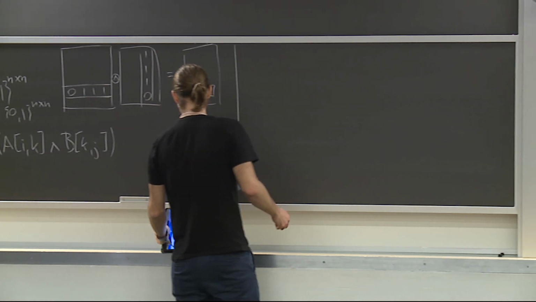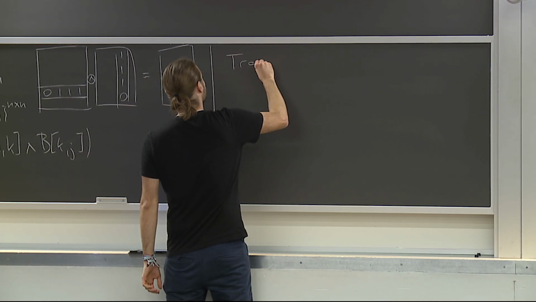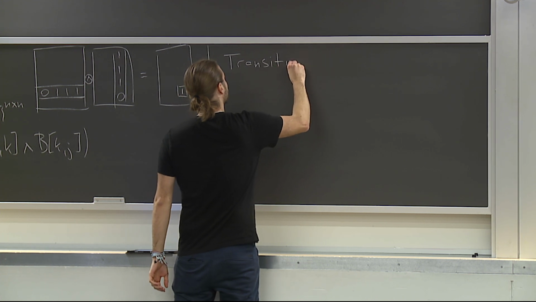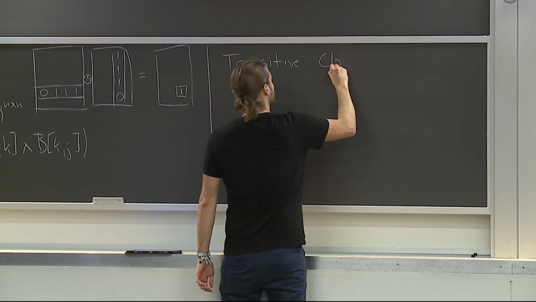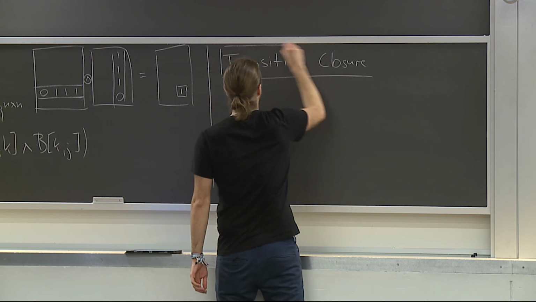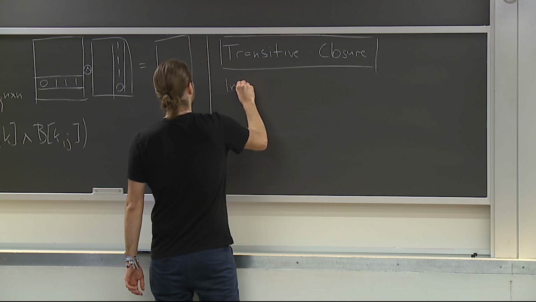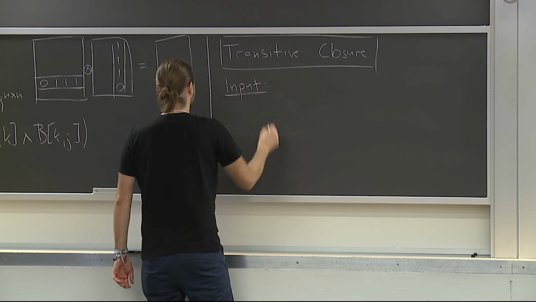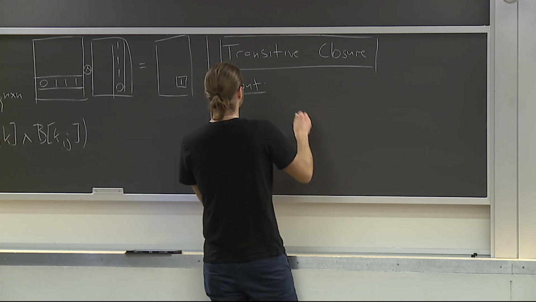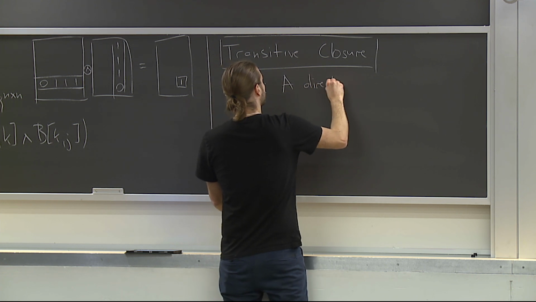And there's a third problem, which is transitive closure. In this case, we're given also a graph, but it's directed.